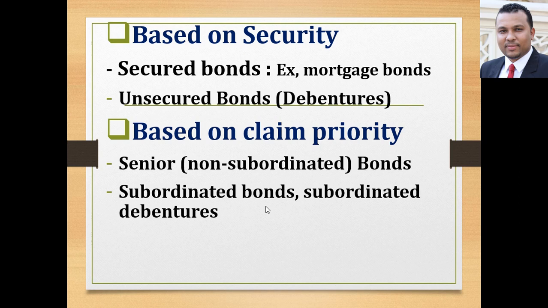So the subordinated debt holders are paid only after senior holders. First, the issuer of the bond pays the value to senior bondholders and then to subordinated bondholders.